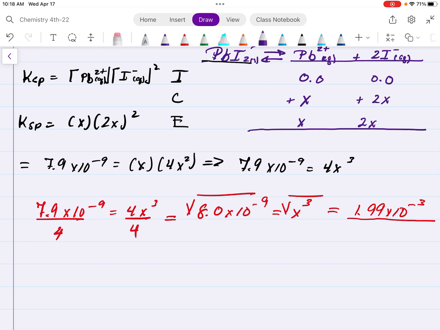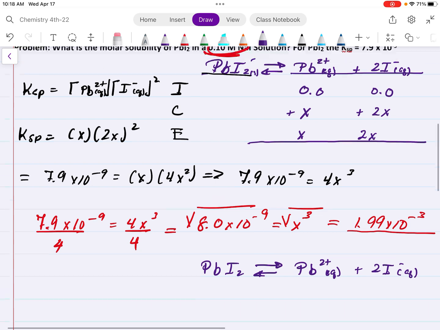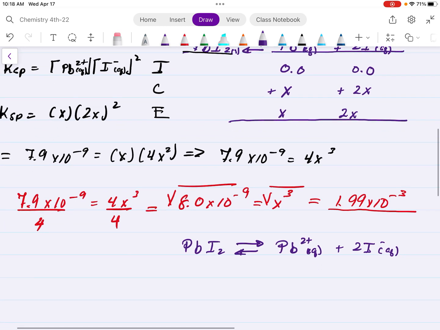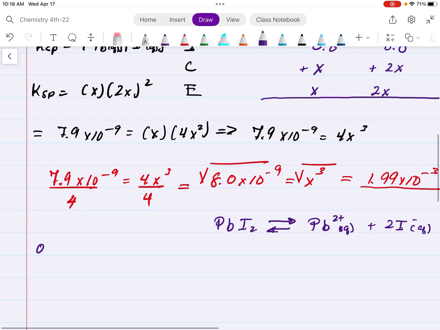We're going to start right here. It's lead iodide. That's not going to change. It goes to equilibrium to produce lead 2+ in solution, plus 2 iodine in solution. Now, what we've got to understand here is that this is 0.10 molar of sodium iodide, which tells us a couple things.